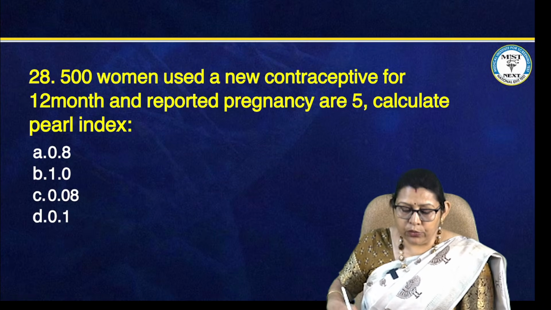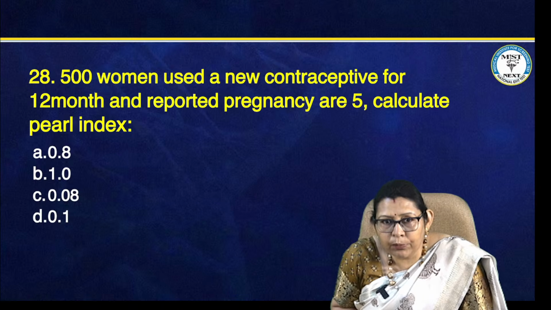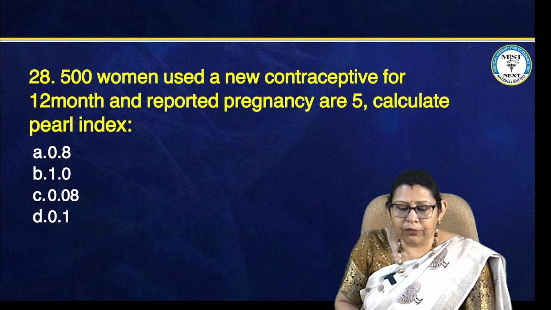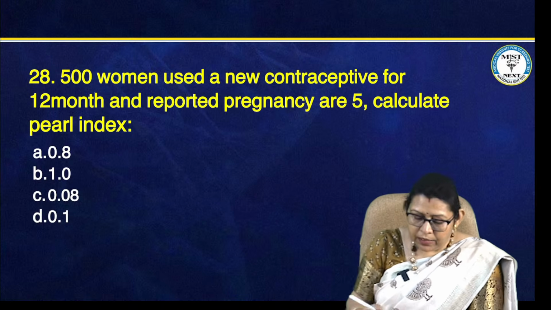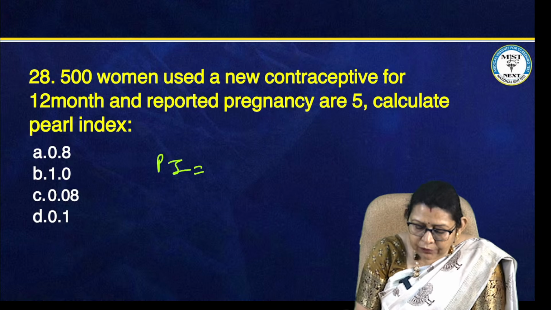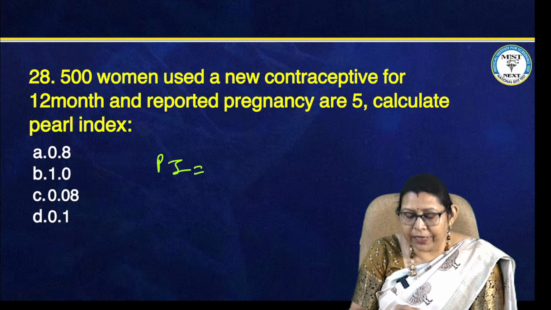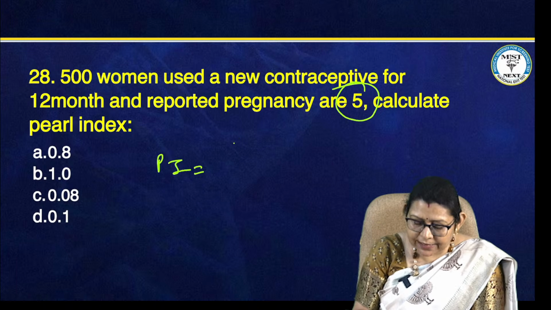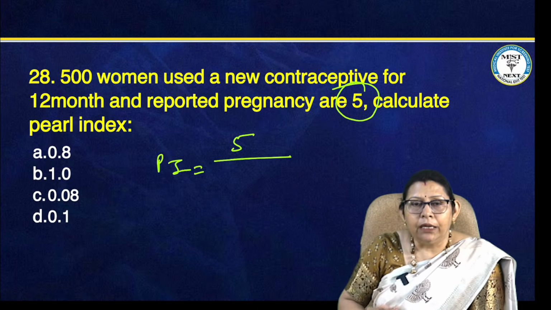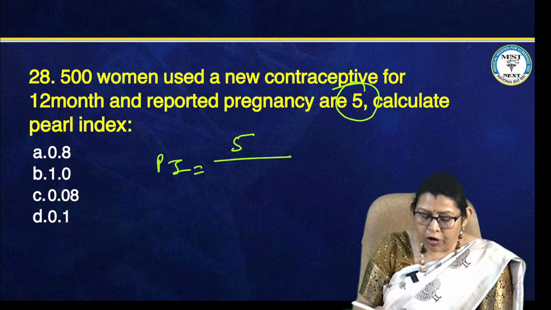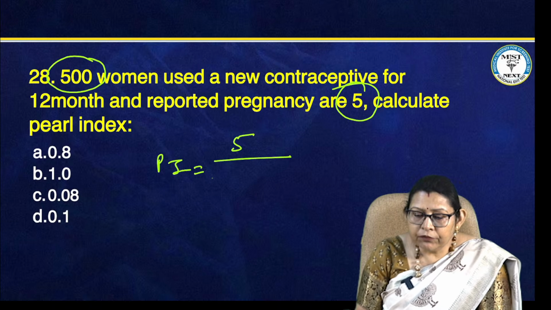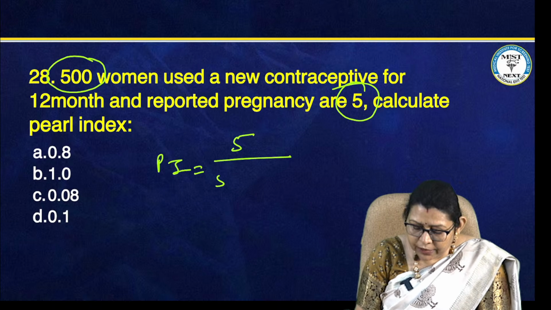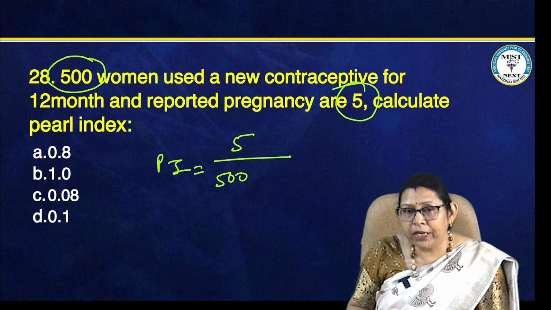500 women used a new contraceptive for 12 months and reported pregnancies are 5. Calculate Pearl index. Again, what is the Pearl index calculation formula? Accidental pregnancies. How many are the accidental pregnancies? 5. Okay. Now divided by months of use. How many women are using? 500 women are using for how many months?